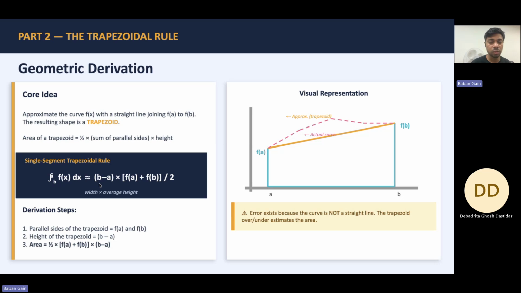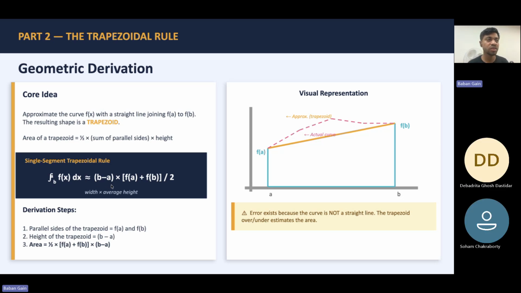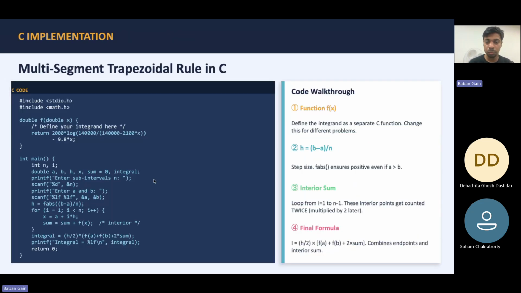This is the basic formula: (B minus A), where B is the end point and A is the beginning point, multiplied by f(A) plus f(B). If f is the equation of the curve, we pass x equal to A here. So if x is equal to 1, we pass 1 here. Similarly, within the same function, we pass x equal to B, which can be 3, 4, or anything else.